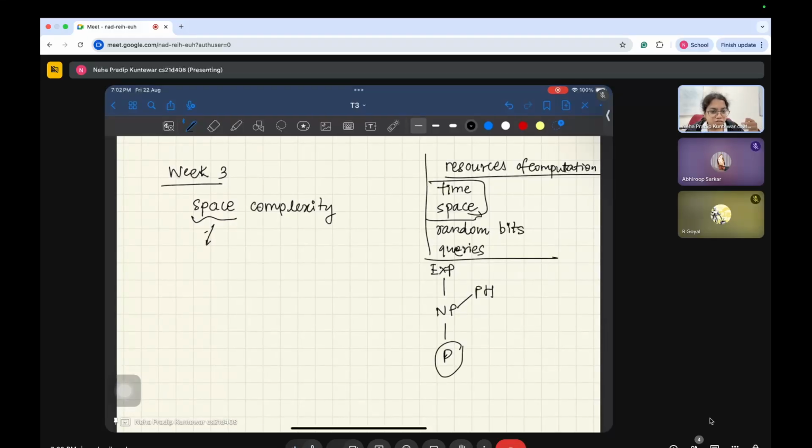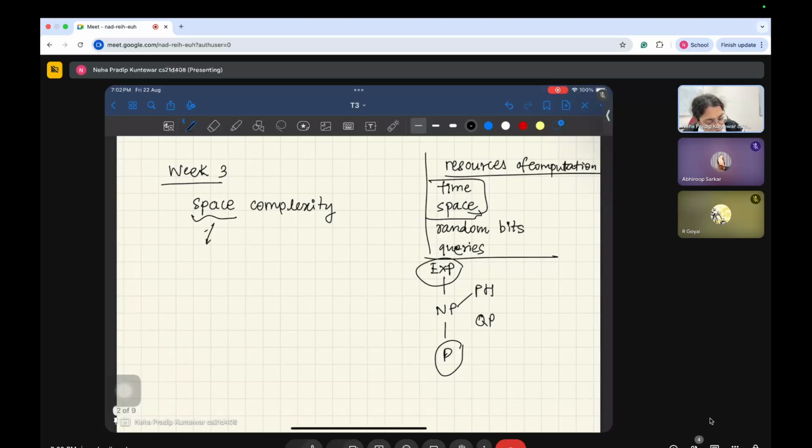Of course you can think of machines that take n to the n log n time, so you can have quasi-polynomial and other classes, but polynomial time and exponential time are more natural to think of and more explored. For any function you can think of, you can define a complexity class with respect to it. Similarly, for space, we'll have the counterpart.